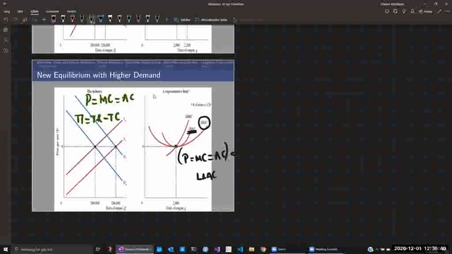Total revenue is simply price times Q, and total cost is average cost times Q. So if price is equal to average cost, then total revenue is also equal to total cost. Then total profit, economic profit, is 0.